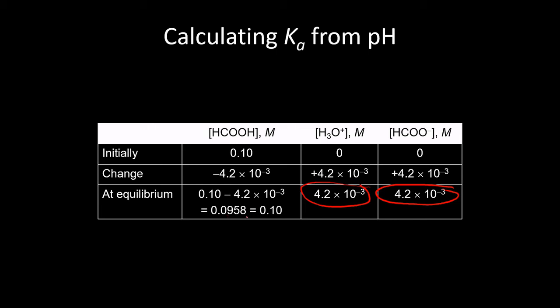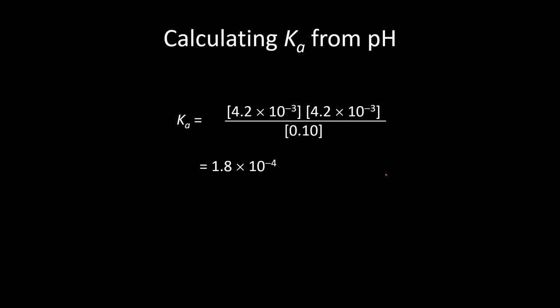We maybe could write that as 0.096, but in this example they just keep it as 0.1. So to find Ka, we take these three numbers and plug them right in. The H plus and A minus concentrations go on the top, the HA concentration goes on the bottom, and we get 1.8 times 10 to the negative 4. And that is our Ka value.